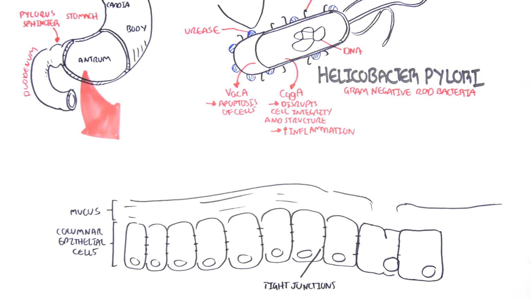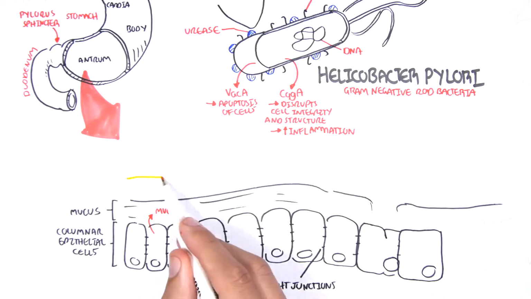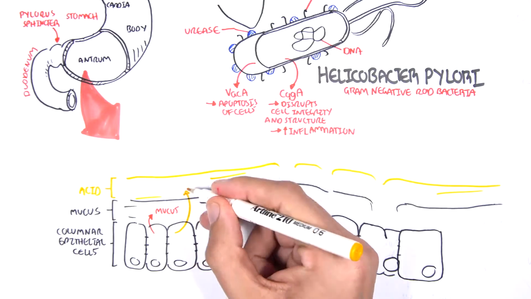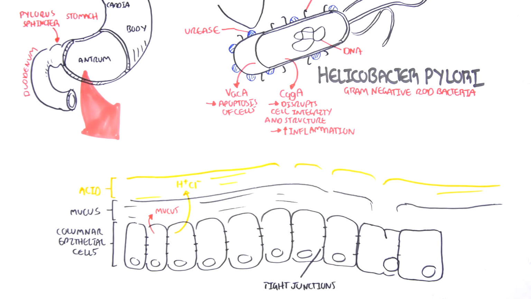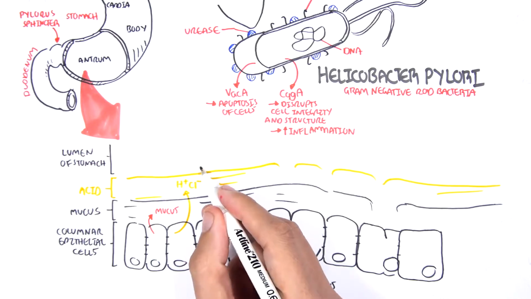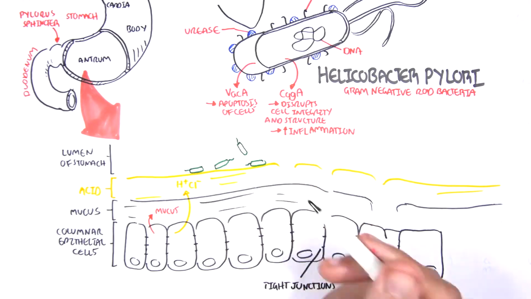And mucus is very important because it acts as a barrier from the hydrochloric acid, a layer on top. And the hydrochloric acid is important in the digestion of food. The hydrochloric acid is produced by cells known as parietal cells. And of course, above this acidic layer, we have the lumen of the stomach.